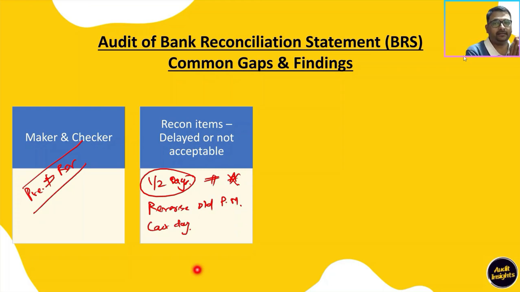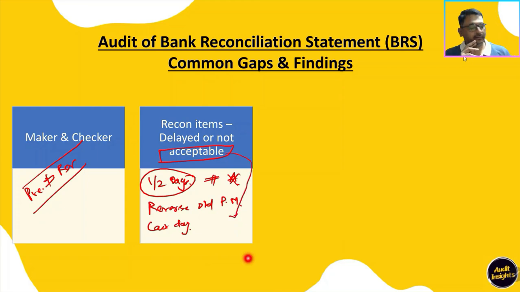And then there are certain reconciliation items that are just not acceptable, like items such as bank charges and interest. In a mature process, these things would need to be accounted for in the same month. Why is it that they need to be part of the reconciliation statement and then be accounted for the next day?